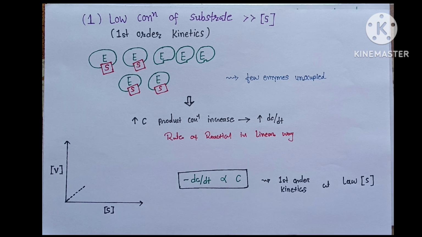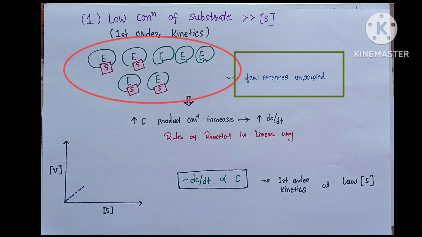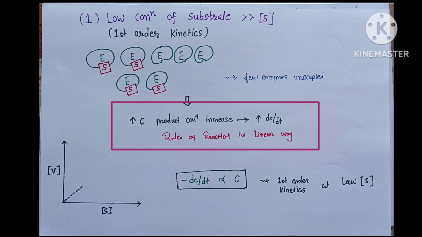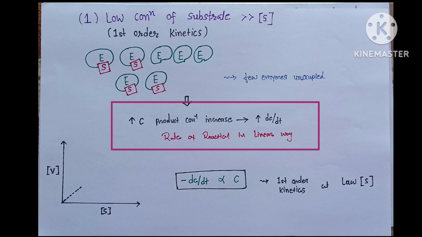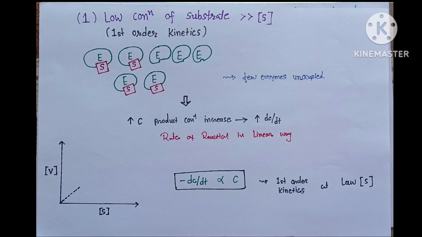So here you can see when the substrate concentration is low, few enzymes are occupied. At that time, product concentration increases, which is defined as dC/dt. Here dC/dt is defined as the rate of reaction, also called the velocity of the reaction. So when the rate of reaction increases, the velocity of reaction also increases.